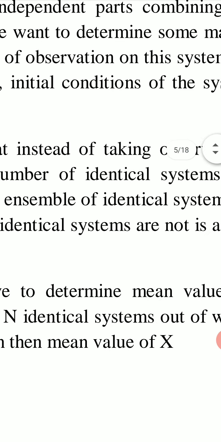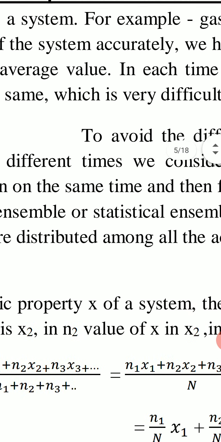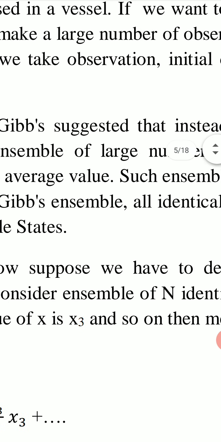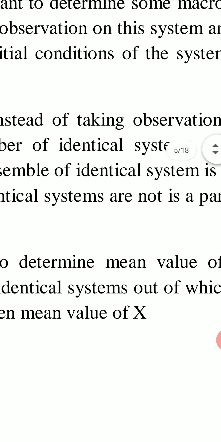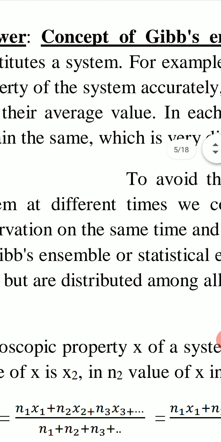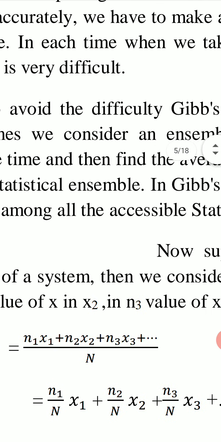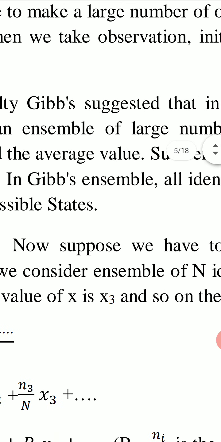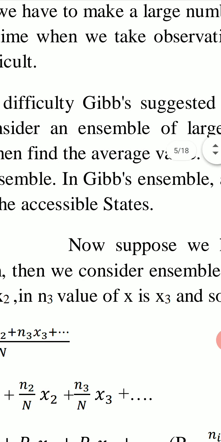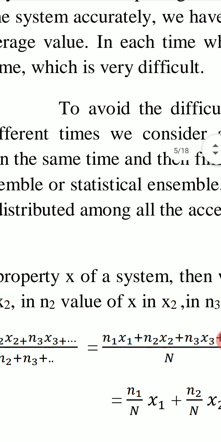If we want to determine some macroscopic property of the system accurately, we have to make a large number of observations on this system and then find their average value. Each time when we take an observation, the initial conditions of the system must remain the same, which is very difficult.